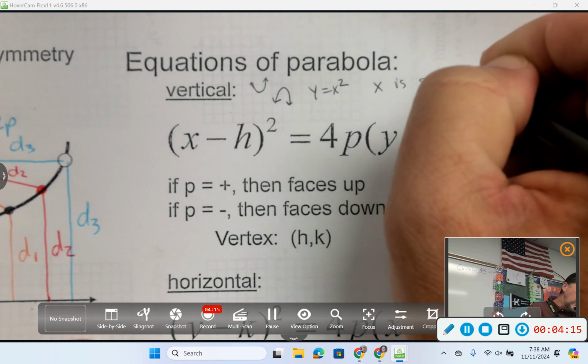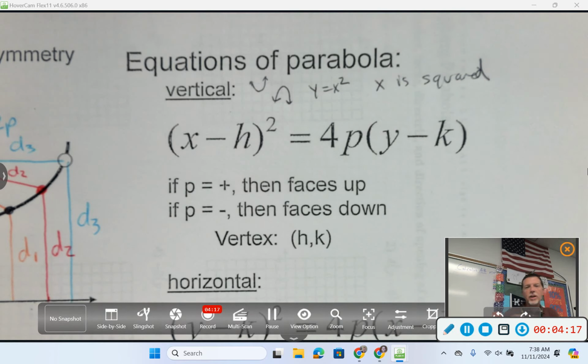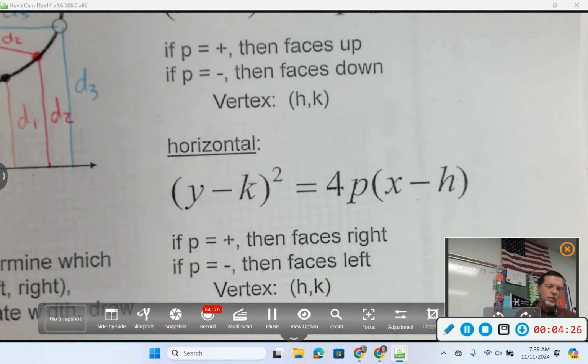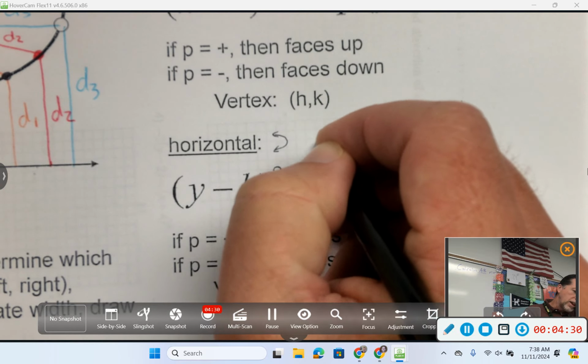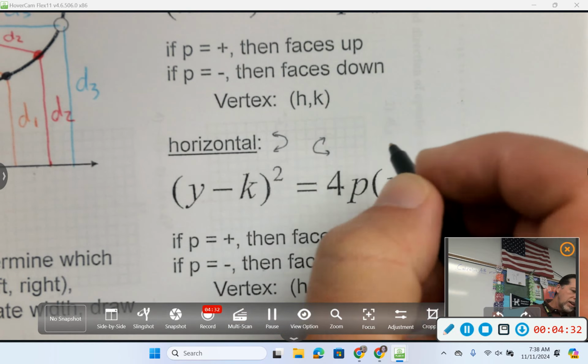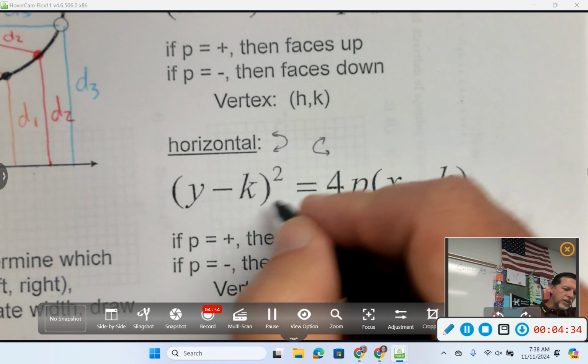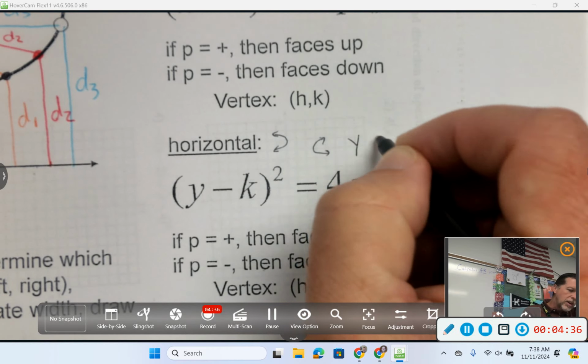And so this is where you sort of tie it to what you already know. If x is squared, that's kind of the normal parabola that you're used to, the up and down parabola. As opposed to a horizontal parabola, pointing left or pointing right, that feels sort of backwards, and the equation feels backwards if the y is squared.